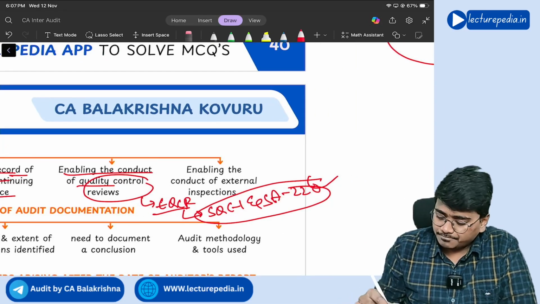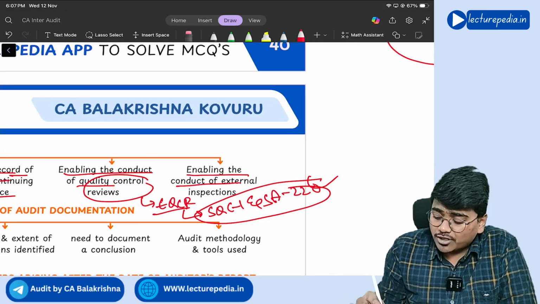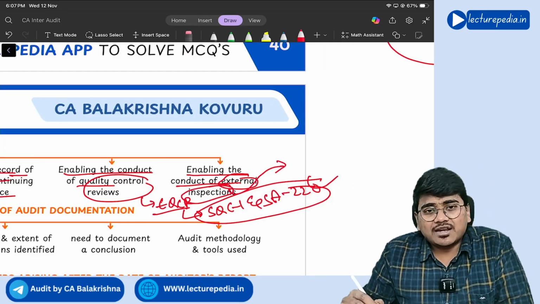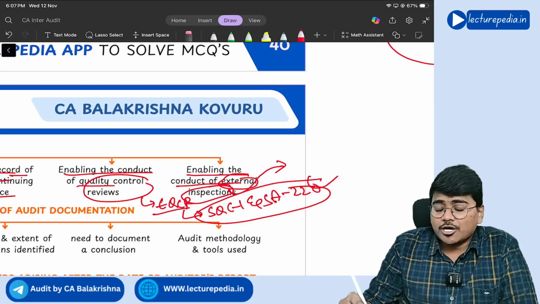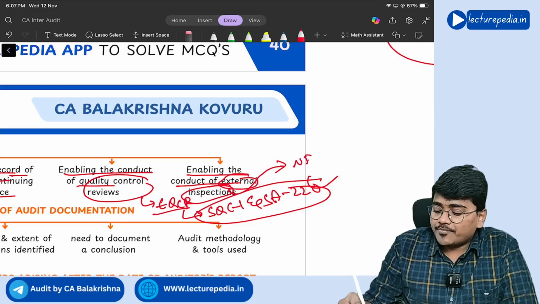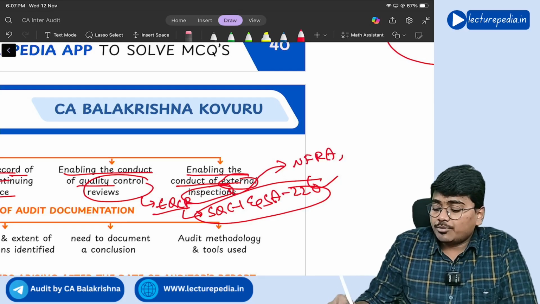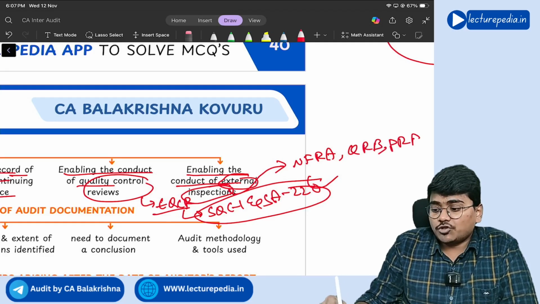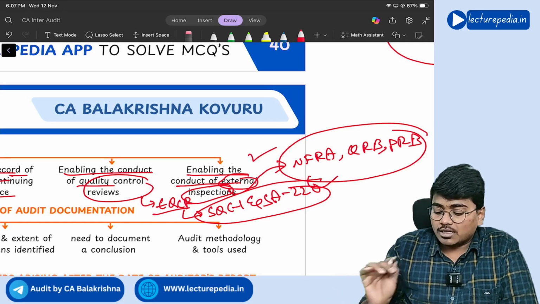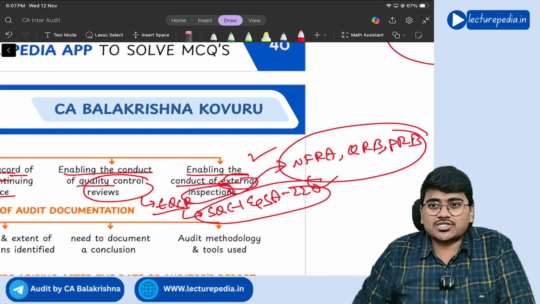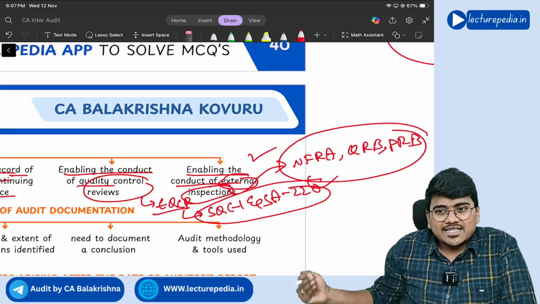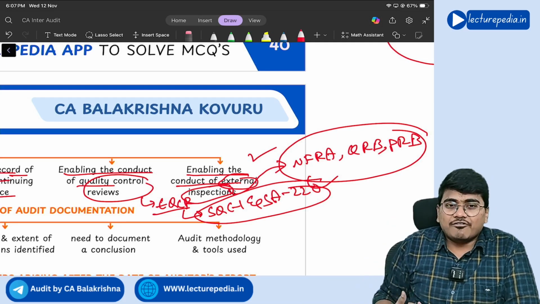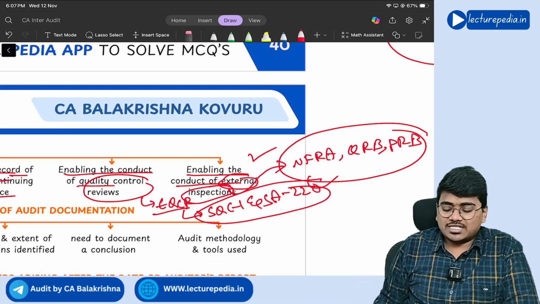Next, enabling the conduct of external inspections. So who will do the external inspections? See, people like NFRA, people like the Quality Review Board, people like the Peer Review Board, they will perform external inspections. So for doing that external inspection also, audit documentation is very much important. Got it? Yes.